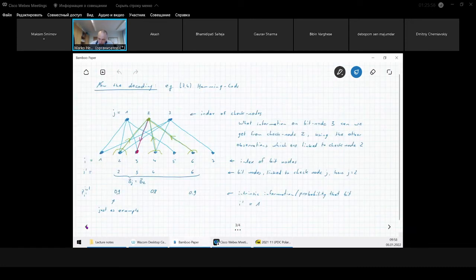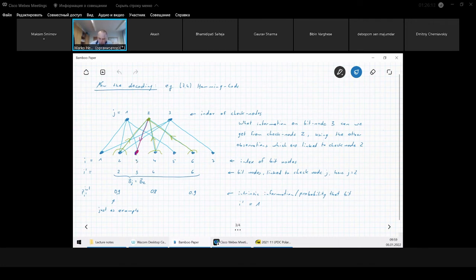So you can imagine that now we could basically improve this estimate of bit node 3 with this extrinsic information. We can combine it with the intrinsic information that we also get on bit 3 from the noisy observation. So bringing intrinsic and extrinsic information together.